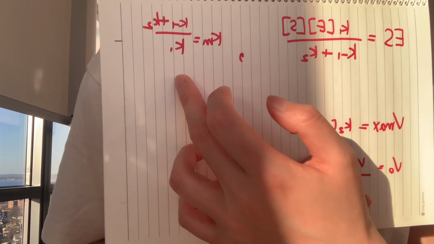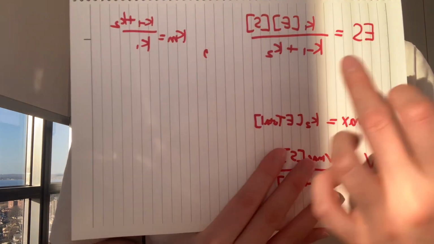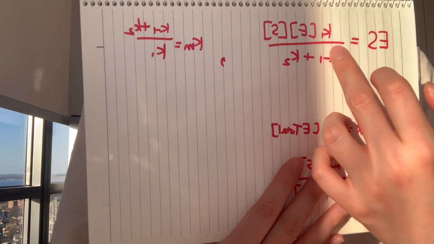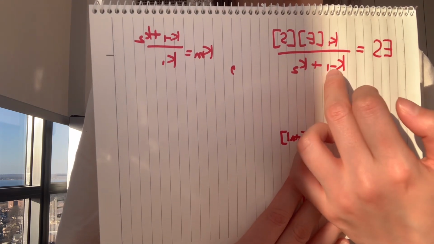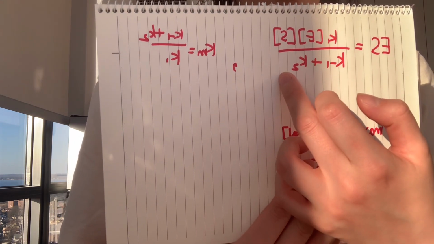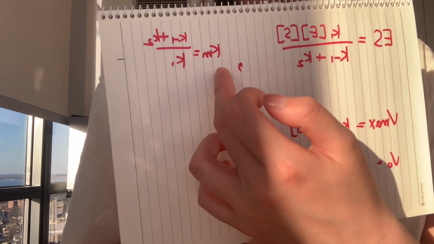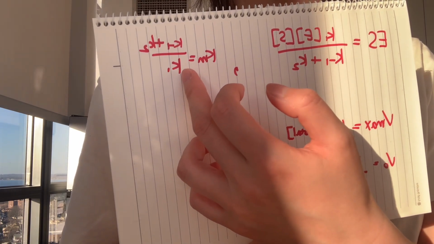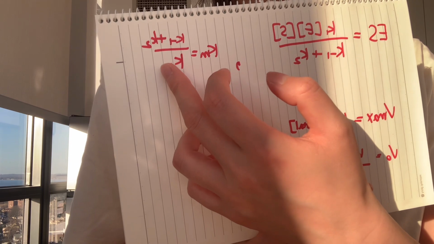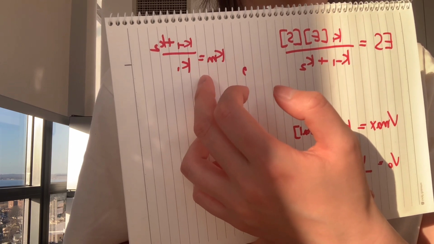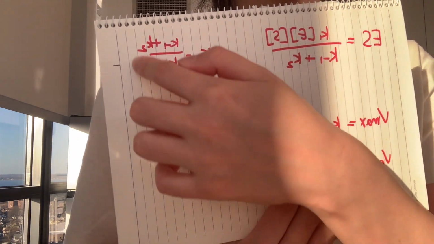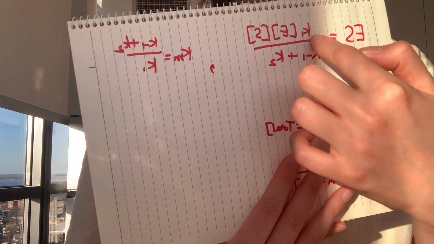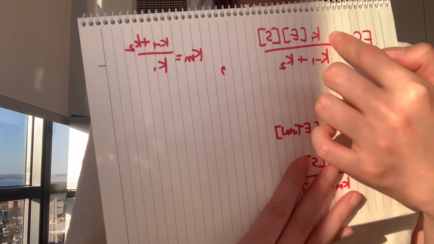So I can explain and write [ES] equals k1 [E][S] divided by (k-1 plus k2), and then Km equals (k-1 plus k2) divided by k1. So we can put this equation inside this equation, right?